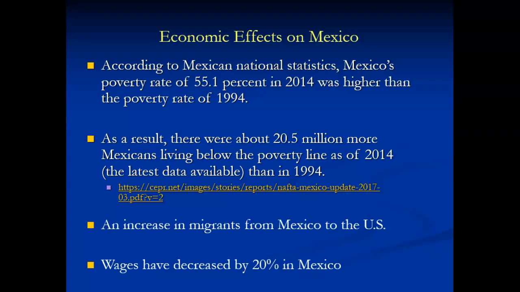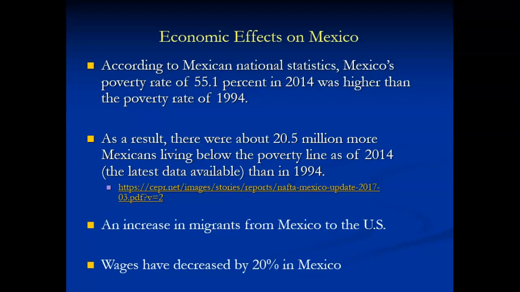So let's talk about economics. According to Mexican national statistics, Mexico's poverty rate of 55.1% in 2014 was higher than the rate in 1994. So that means there were actually more people in poverty. Again, that could also be because of Mexico's extraordinarily high birth rates.